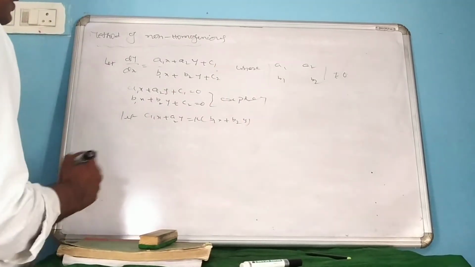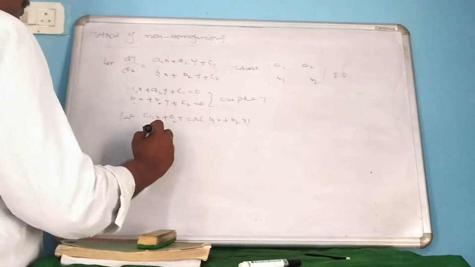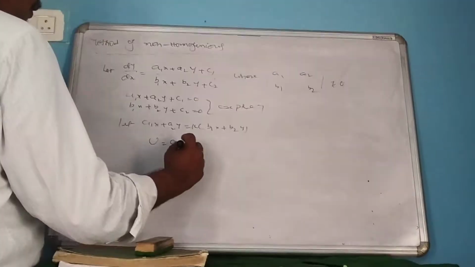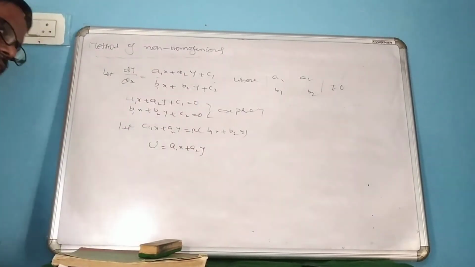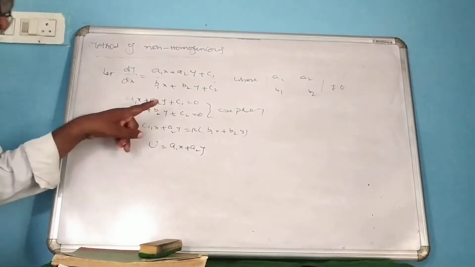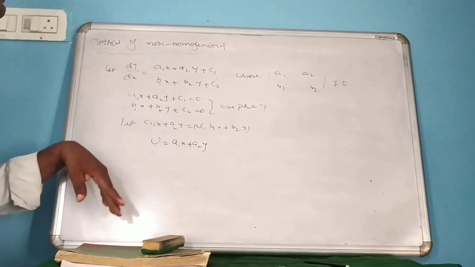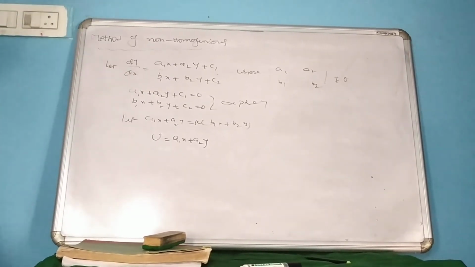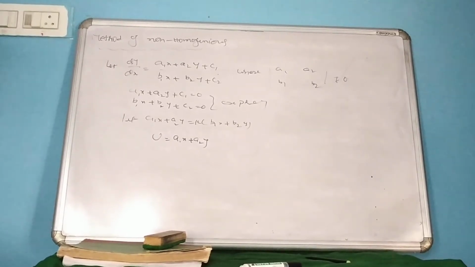In this case, let us suppose that u is equal to a1x plus a2y. By using this method, the remaining can be reduced into the method of homogeneous. Okay.